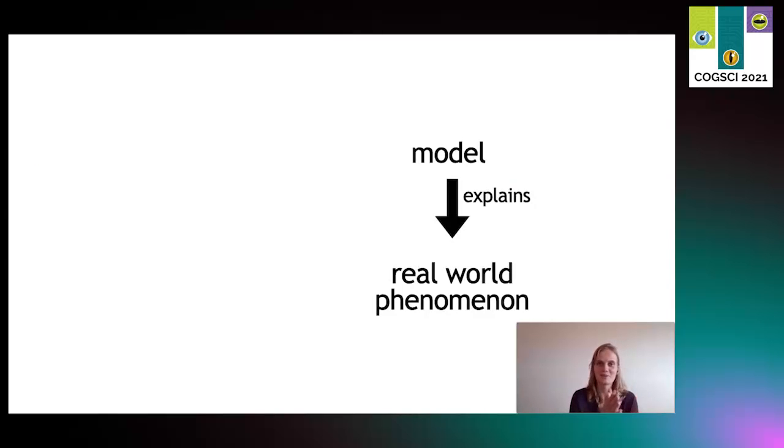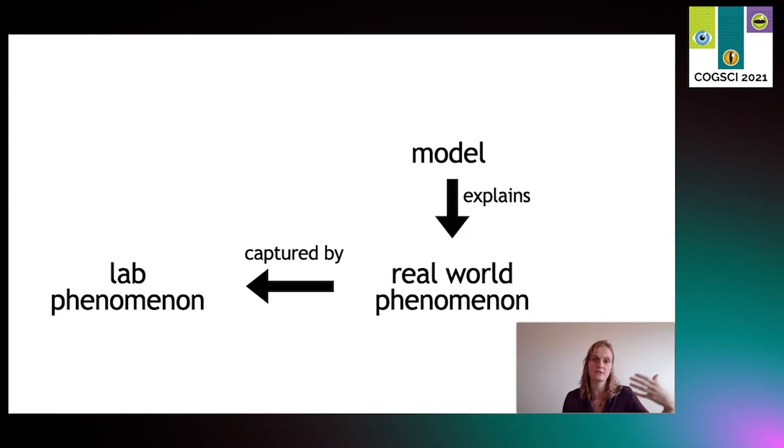Now, to put this into a bit more of a schematic overview, what we're trying to do as a field is to develop a theory, as captured by a computational model, that explains the real-world phenomenon of natural language. What we found is that laboratory experiments with human participants can capture the properties that we find in natural languages in terms of the patterns of results that come out of these experiments.